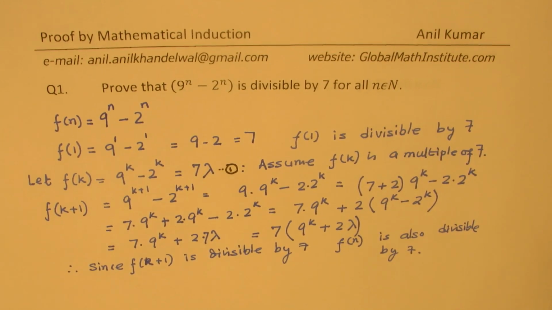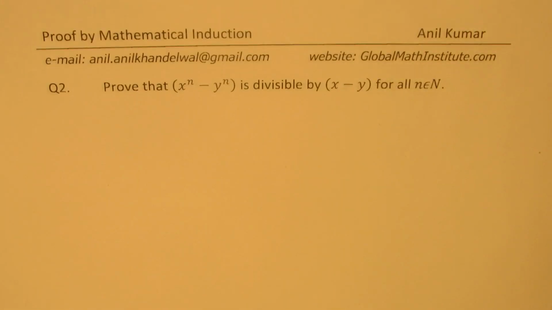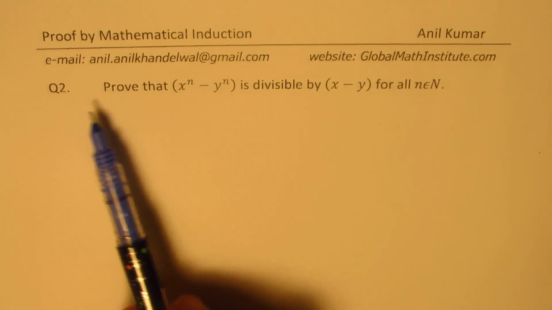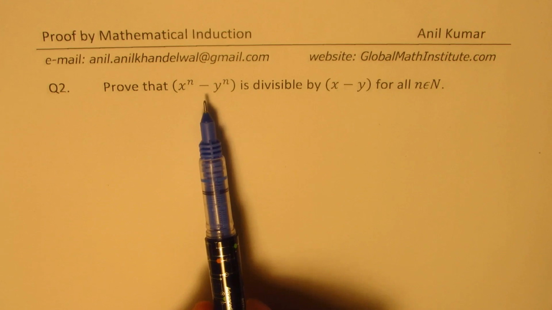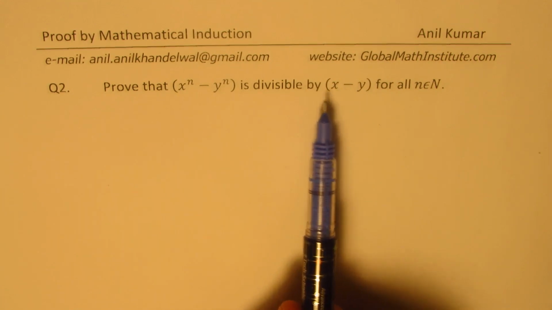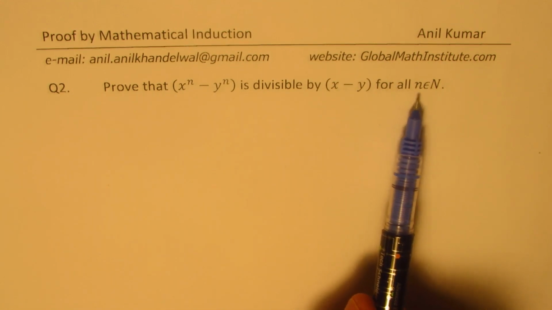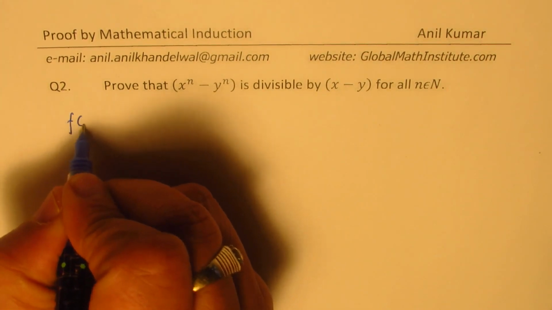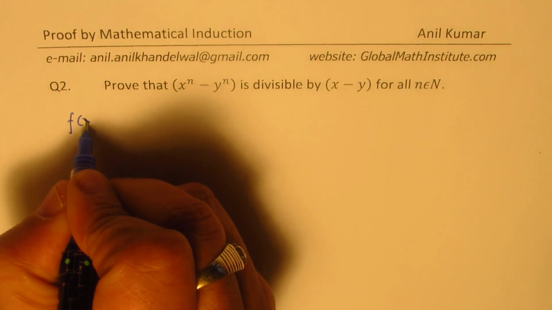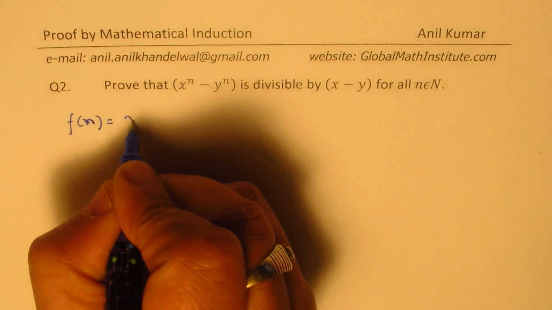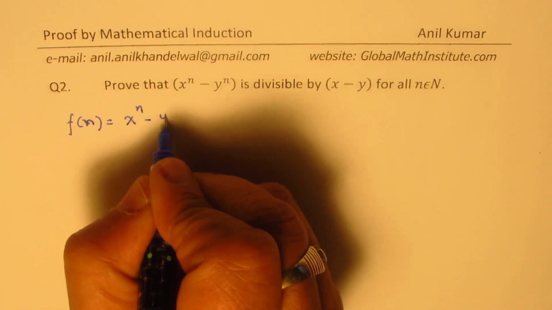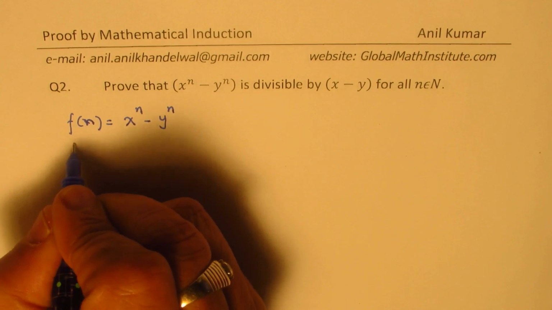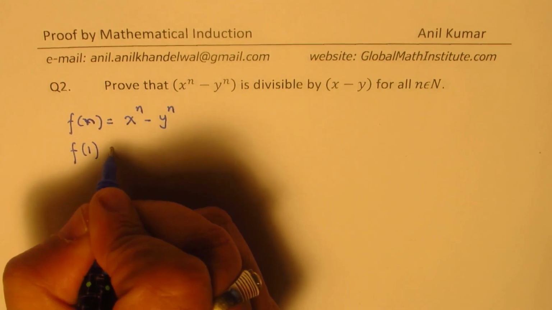So now let's take a general case where we have to prove that x to the power of n minus y to the power of n is divisible by x minus y for all n belonging to natural numbers. So again, we'll begin with f of n equal to x to the power of n minus y to the power of n. So we'll check for n equals 1.